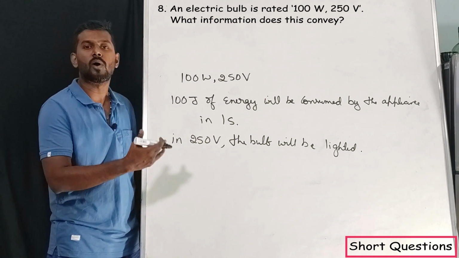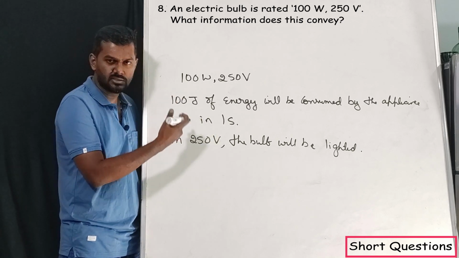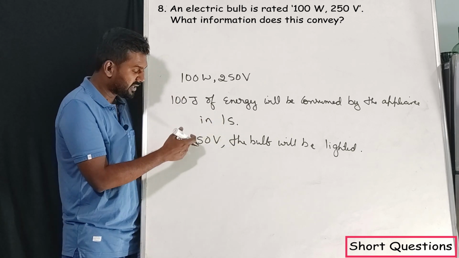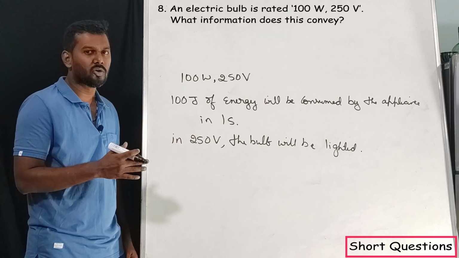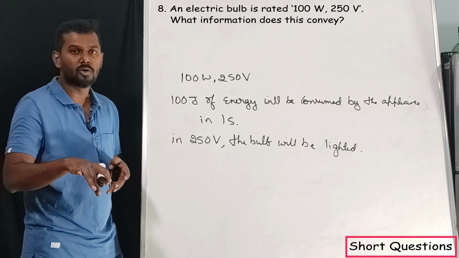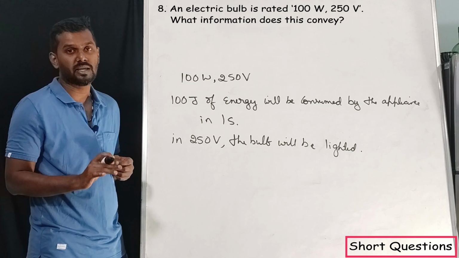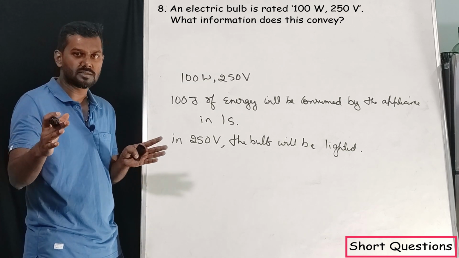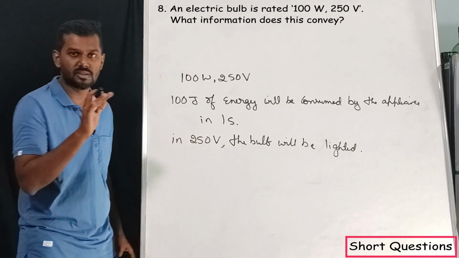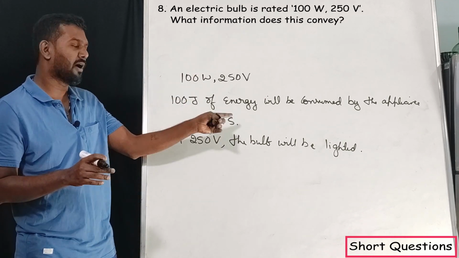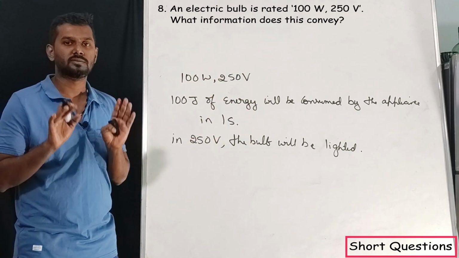Assume we are giving only 200 volts of voltage for this bulb. The bulb needs 250 volts, but we are providing 200. What happens then? Don't you think the bulb will glow? Bulb will glow, but with the less intensity. To get the maximum intensity from that bulb, light intensity, we need to provide 250 volts. That's it. That is the meaning of 100 watt and 250 volt voltage.